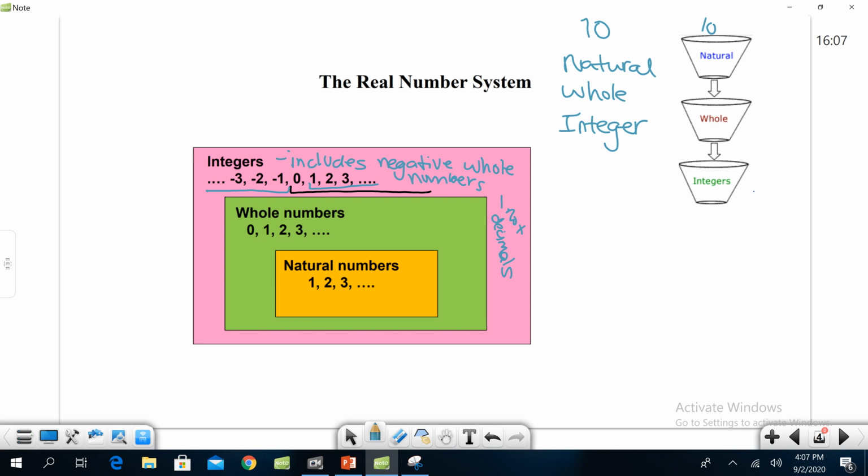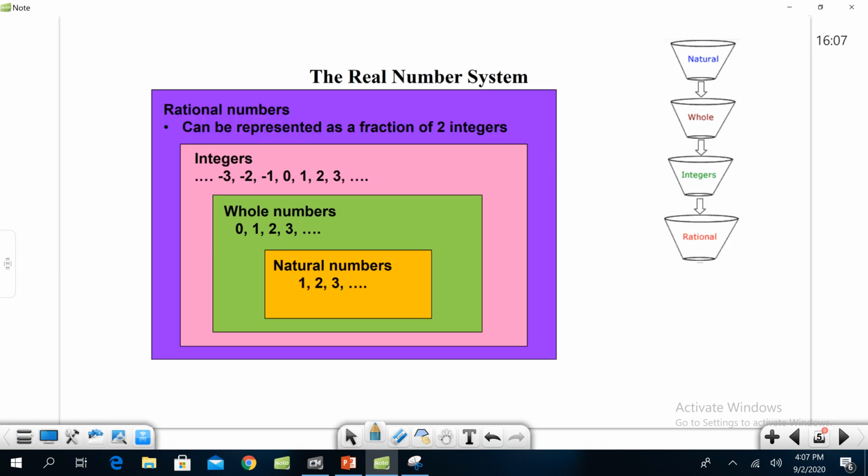All right, so let's continue. So we can also call these numbers rational numbers. So rational numbers is a set of numbers that includes my integers, that includes my whole numbers, that includes my natural numbers. And so rational numbers can be represented as a fraction, and we've already seen this vocabulary word.